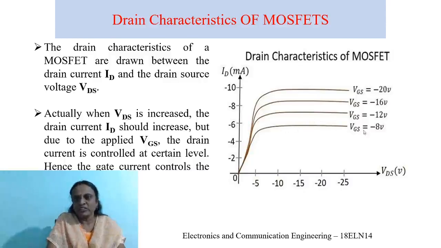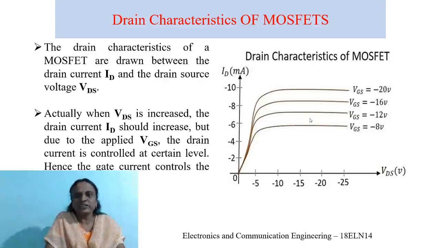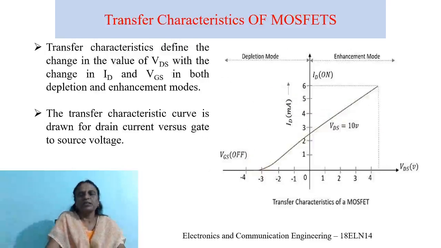This is shown for VGS equal to minus 8 volts, minus 12 volts, minus 16 volts, minus 20 volts, and so on. So this gives a brief introduction to the drain characteristics of MOSFET, where for varying values of VDS and ID, for different values of VGS, this is the characteristics curve obtained.